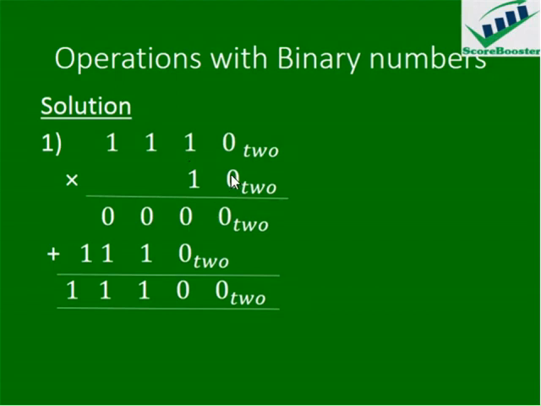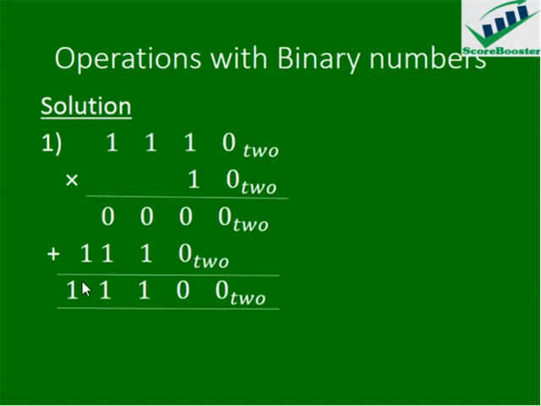Following the rule, 0 multiplied by 1 will also give 0, and 0 multiplied by 1 will also give 0. Now move to this, and when you start multiplying with this, you shift a little bit as we used to do in long multiplication. So 1 multiplied by 0, 0, 1 multiplied by 1, 1, 1 multiplied by 1, 1, and 1 multiplied by 1, 1.